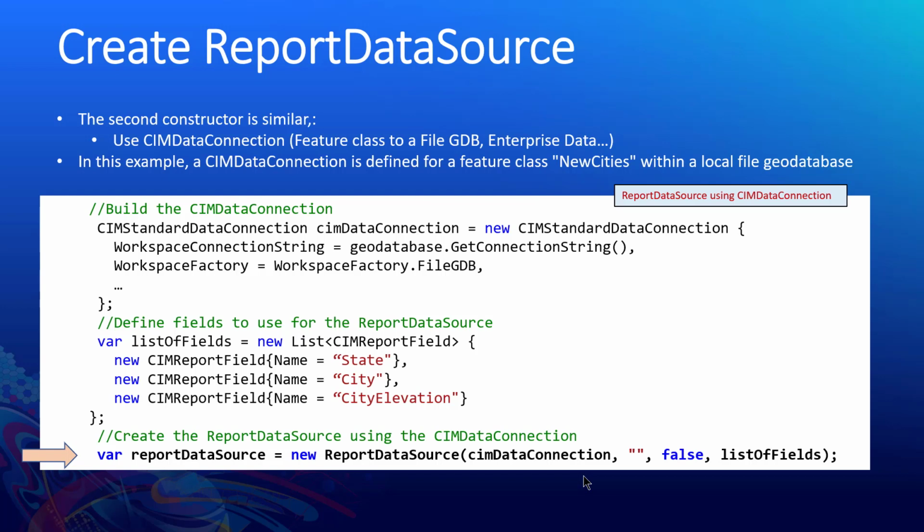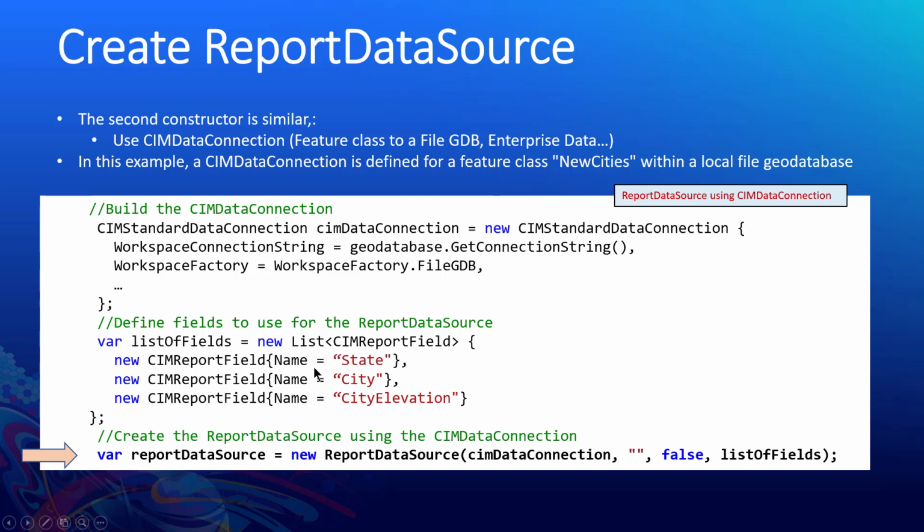The second constructor to create a report data source is very similar. It uses a CIM data connection to specify the underlying data. So this allows you to connect to a feature class in a file GDB or enterprise data. In the code snippet in this slide, I'm creating a CIM data connection here pointing to a feature class in a local file GDB.